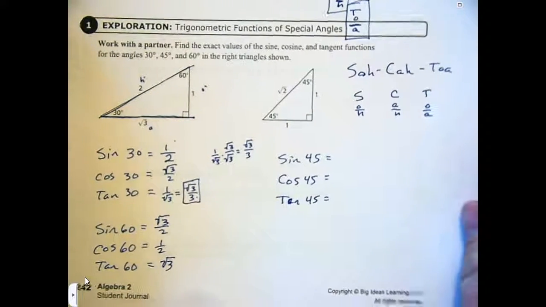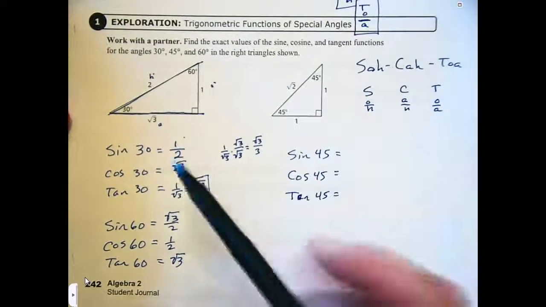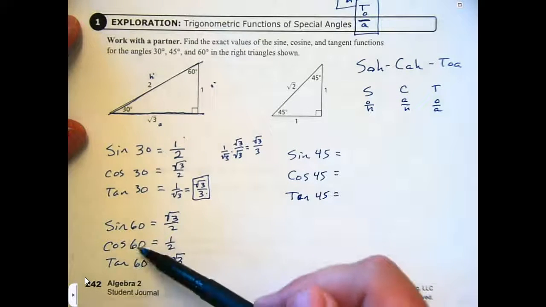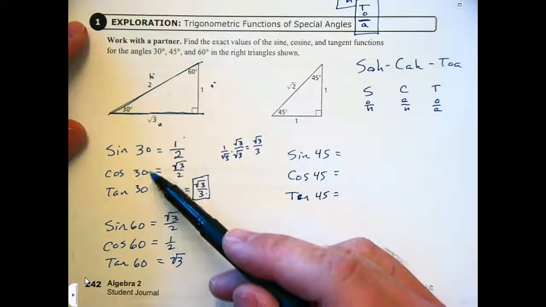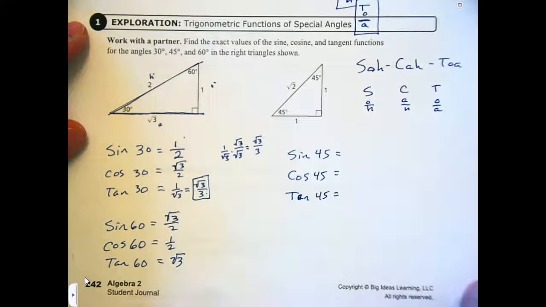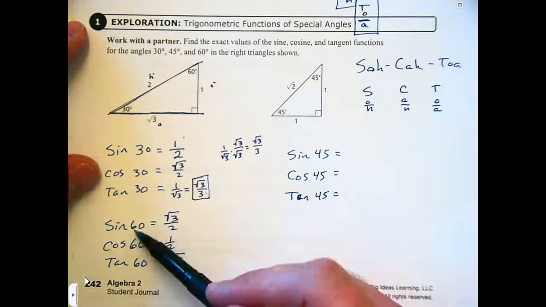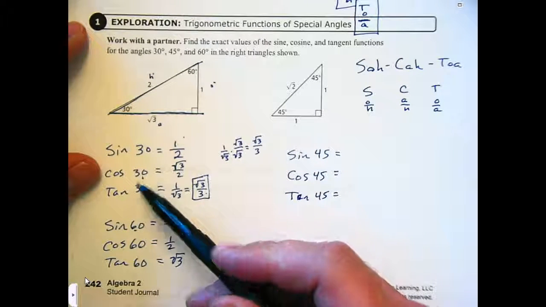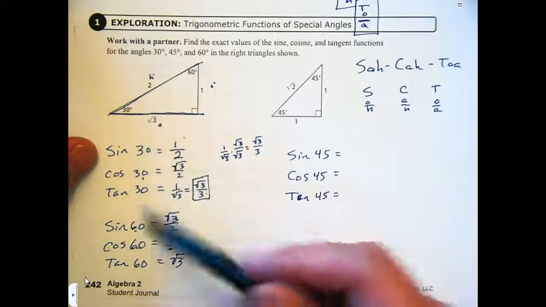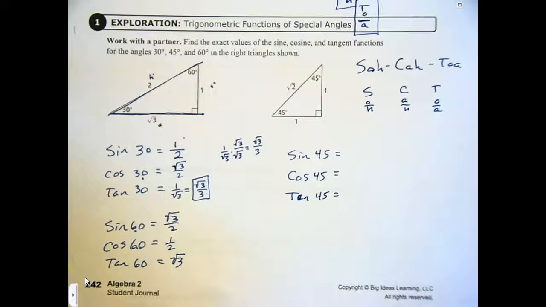Now I want to pause for a minute and have you take a look at how sine of 30 and cosine 60 relate, and how cosine 30 and sine 60 relate. The sine of 60 is the same as the cosine of 30. And the cosine of 60 is the same as sine of 30. That has to do with them being complements of each other.